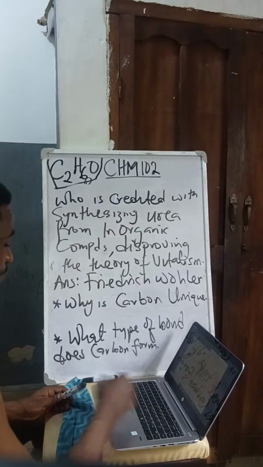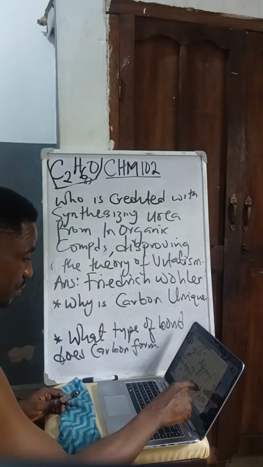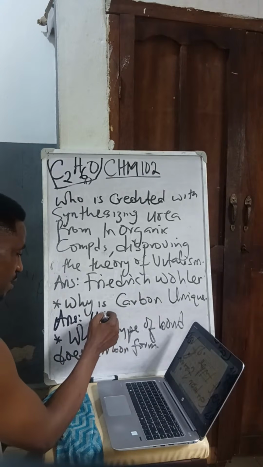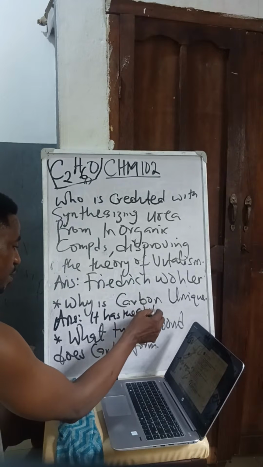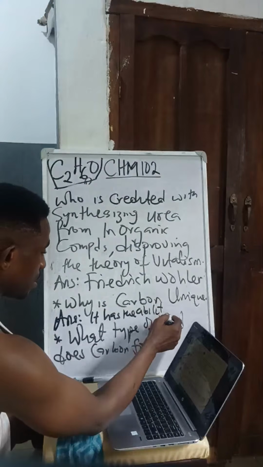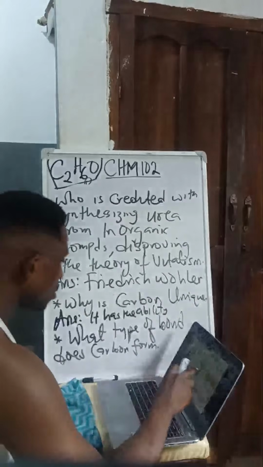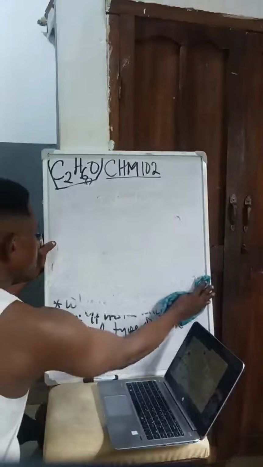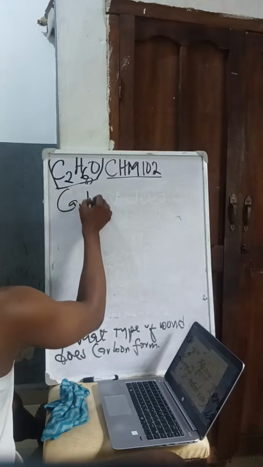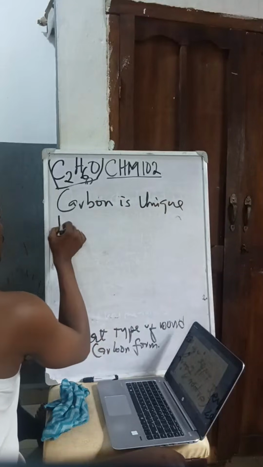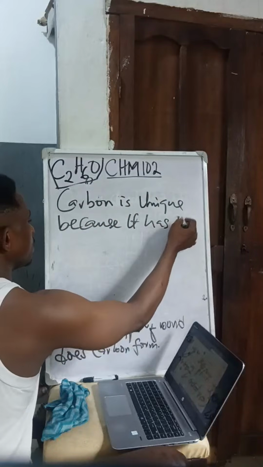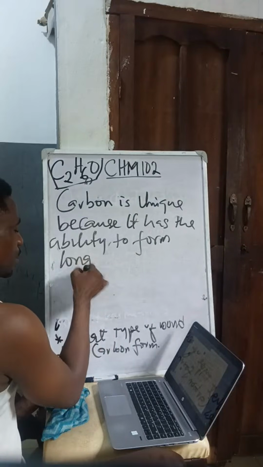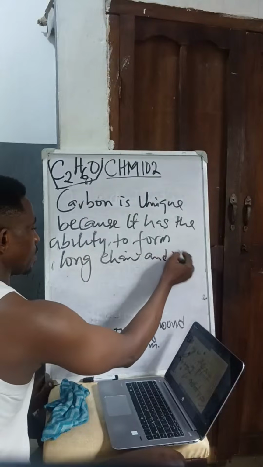The answer is, carbon is unique because it has the ability to form long chains and rings.